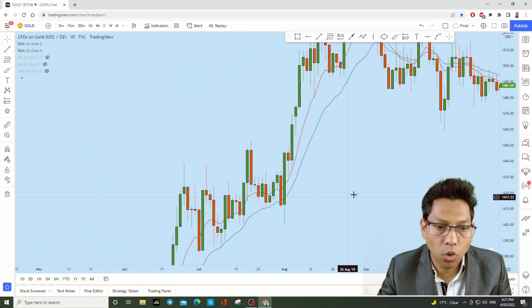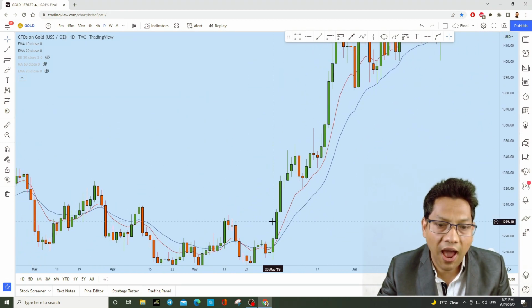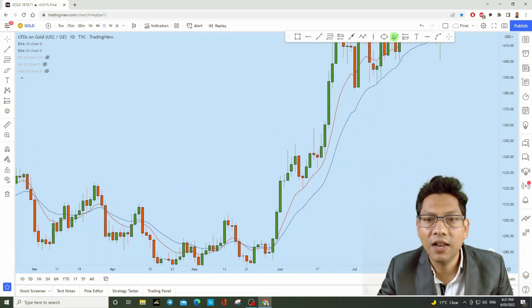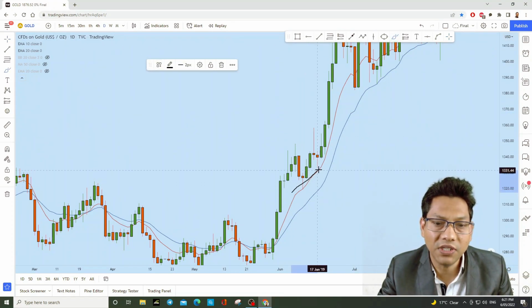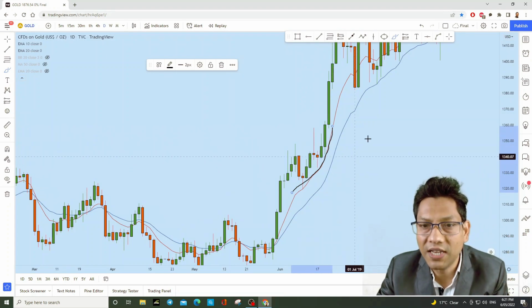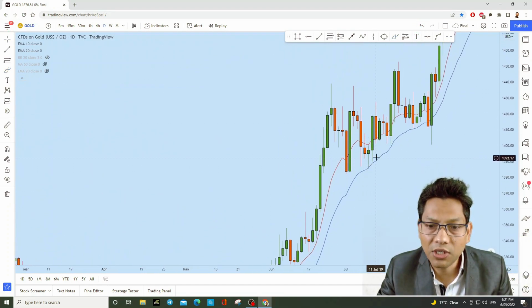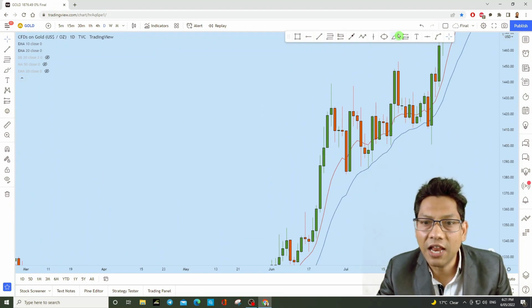In most cases when there is high momentum and a huge trend, you see the same thing here. The price was just above this 10 period moving average, respecting it and then pushing to the upside. The same thing here, but in this case the price was not respecting the 10 period moving average.